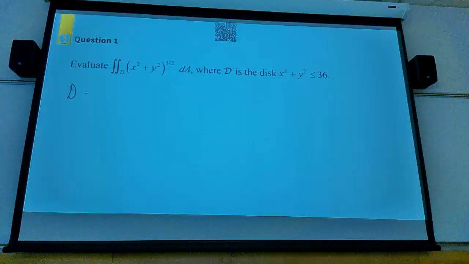So when we set up a description for the region, we're going to define it as a polar region, r, theta. What is theta going to go from? Again, this is a disk, so this is a really easy one to describe. 0 to 2 pi.